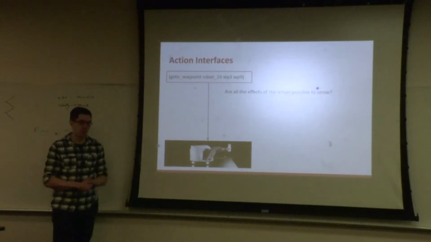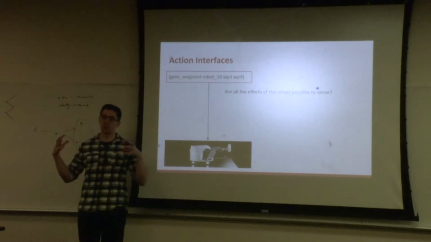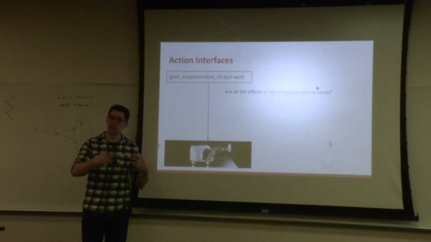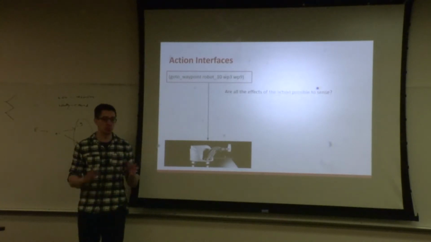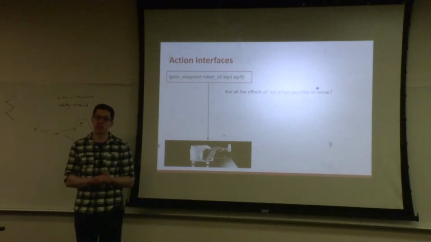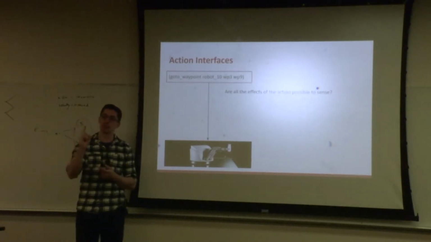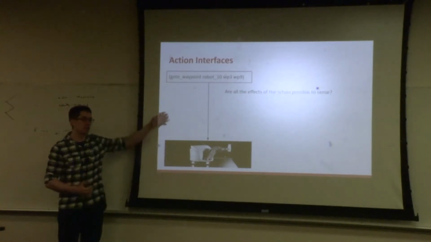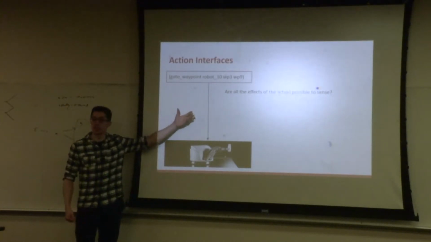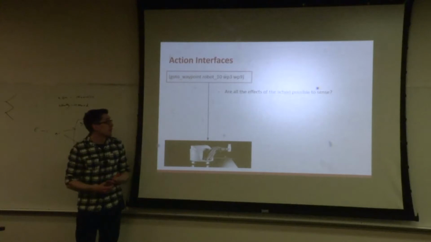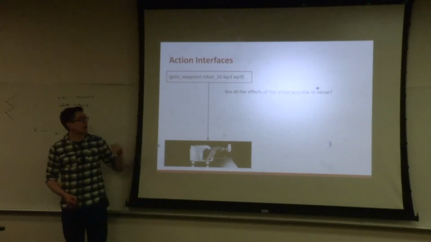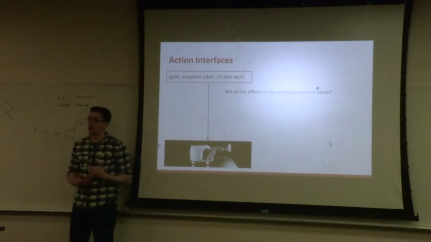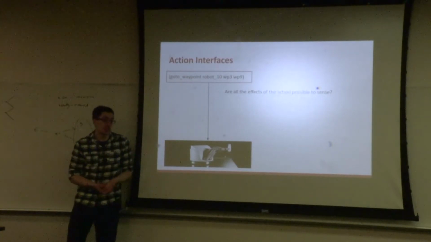For example, in the autonomous underwater vehicles we had, they would look at the ground and see the speed of the ground moving underneath them and say, well, roughly I'm moving in the direction I'm supposed to be moving. I'll just update my position until I find some landmark to better localize myself. This is dead reckoning. If not all of the effects of the action are possible to sense, you have to use dead reckoning and assume that those effects have been successfully achieved.